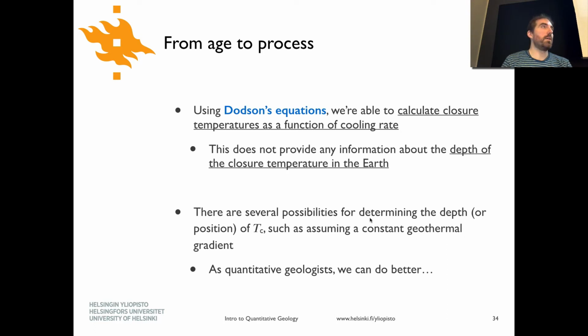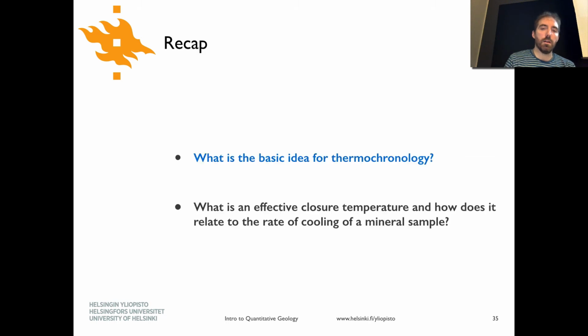So we could assume that temperature increases in a straight line with depth. So let's say it increases 20 degrees C per kilometer. If you know your closure temperature is 100 degrees C and you assume it's 0 at the surface, you could say, okay, well, this closure temperature is at 5 kilometers depth. The thing is that that's not often the case, that we can assume the temperature increases linearly with depth, and we can do a bit better, and that's what we're going to do for the exercise for this week.